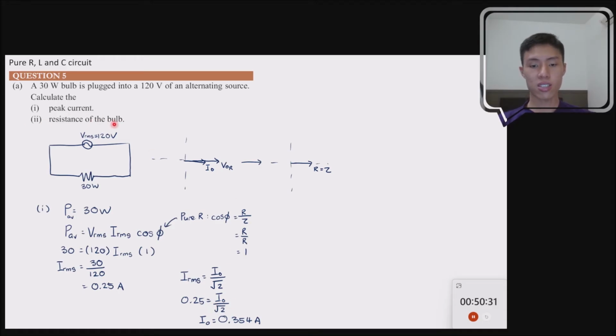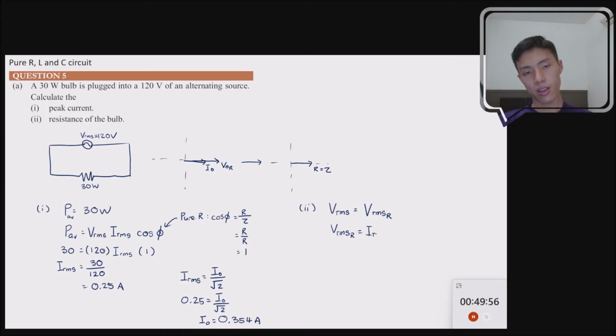Next, they ask for the resistance of the bulb. Should be quite straightforward. We can see that this is a pure R circuit, so the voltage of the power supply will all be dedicated to the resistor, because there's only the resistor in the circuit, right? So we can say Vrms is equal to Vrms R. We also know that Vrms R, the voltage across the resistance, is equal to IR.